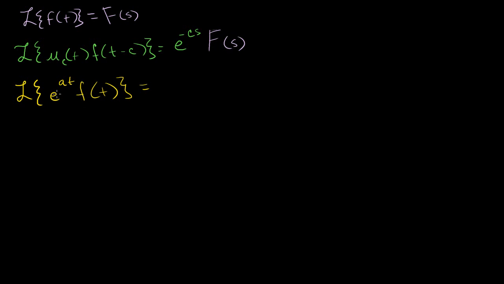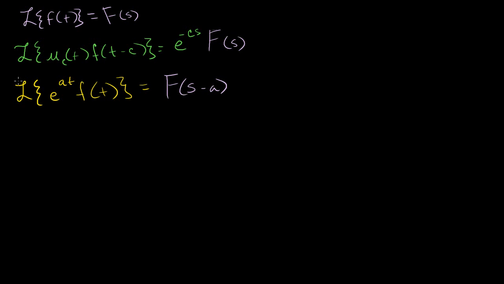In this situation, when we multiply it times the e to the positive at, we end up shifting the actual transform. So this becomes F of s minus a. And these two rules are very easy to confuse with each other. So we're going to do a couple of examples where we have to figure out which one of these two applies. And let's write all the other stuff that we learned as well.